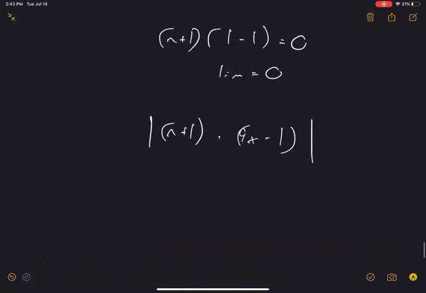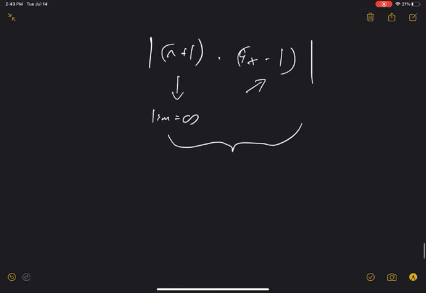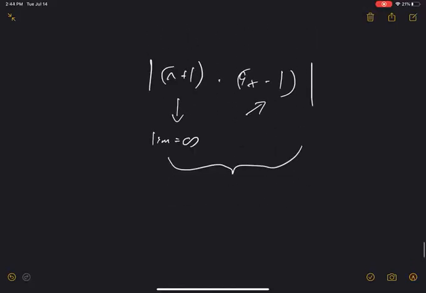It doesn't matter what x is, if it's not equal to 1 over 9, this is going to be some nonzero number. And then the limit of the other piece is infinity. So if this is anything other than 0, the limit of the whole thing goes to infinity. It's going to diverge. So the limit will be greater than 1 for anything other than x equals 1 over 9.